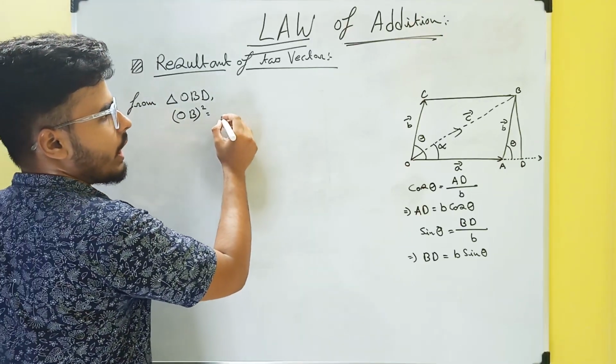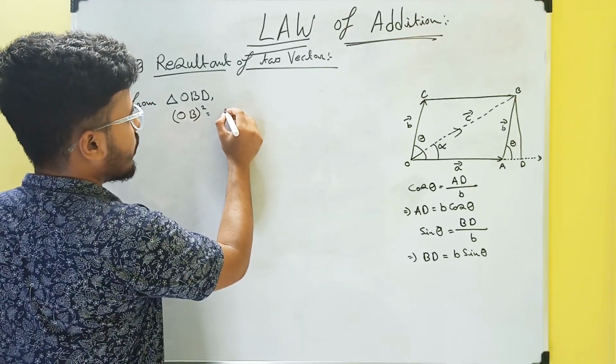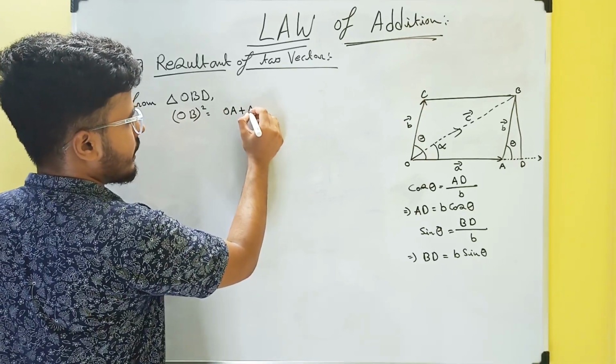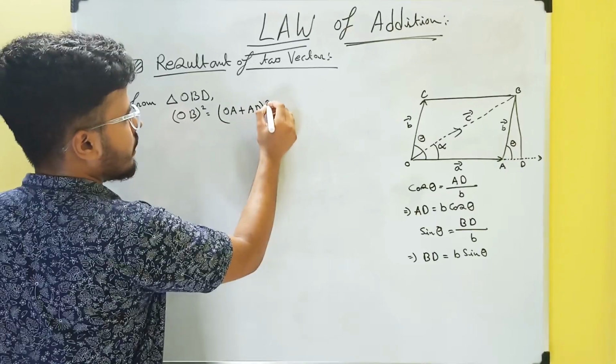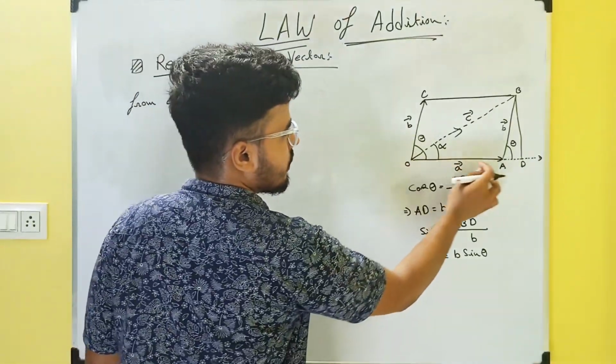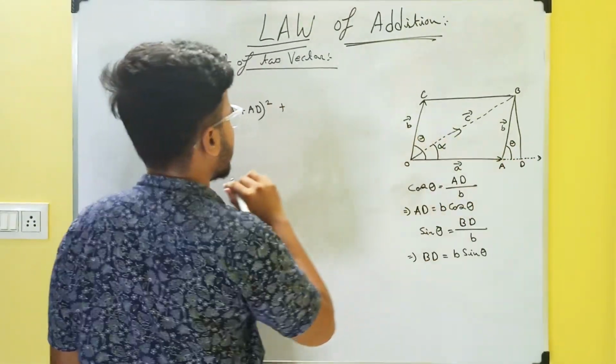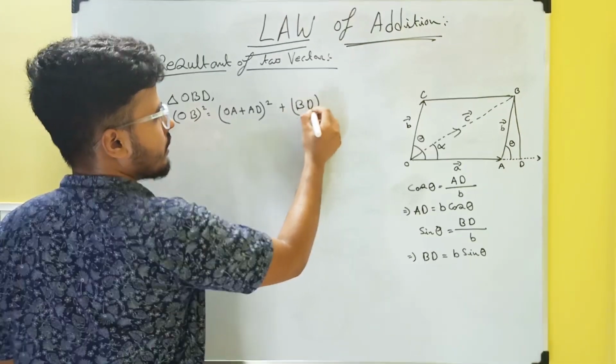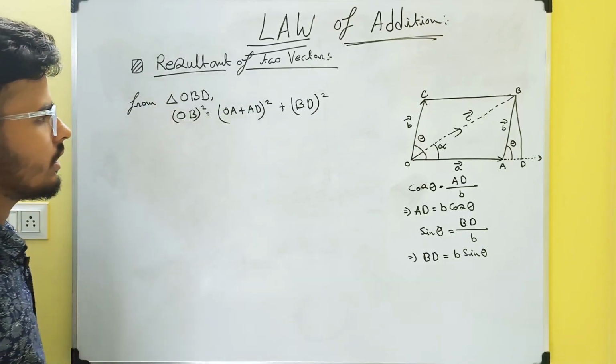So OB square equals, we can write, OA plus AD whole square, and BD square.